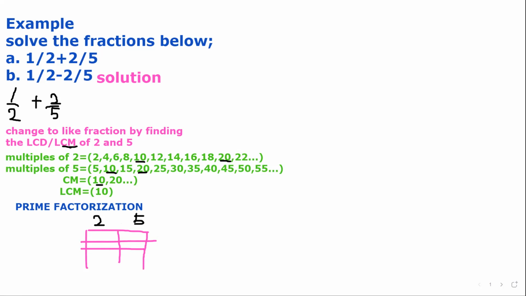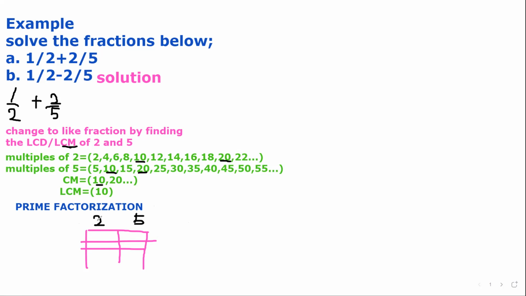Then with this, you choose a number that can cancel the 2 and 5 at the same time. Because this number is an even number and this one is an odd number, it will be very tough for you to get a number to cancel the 2 and 5 simultaneously.